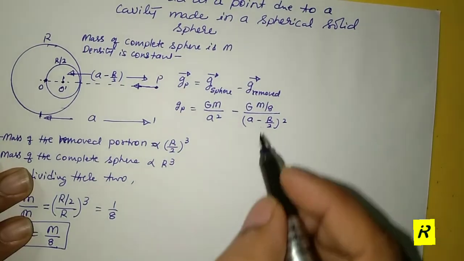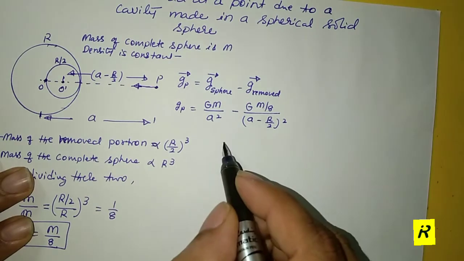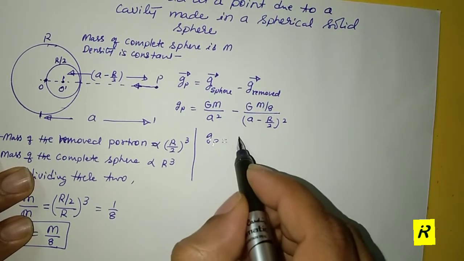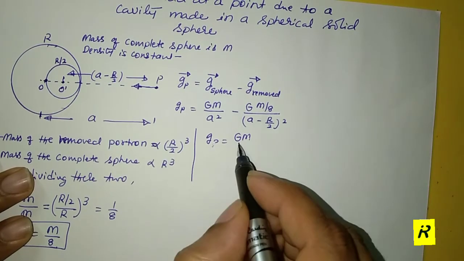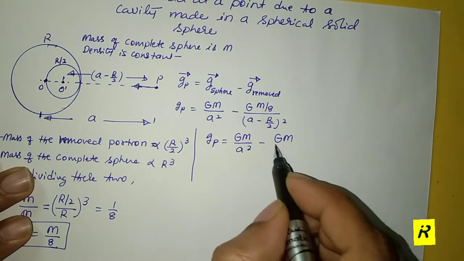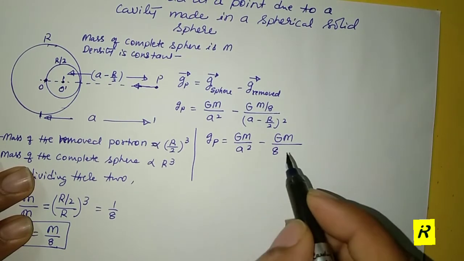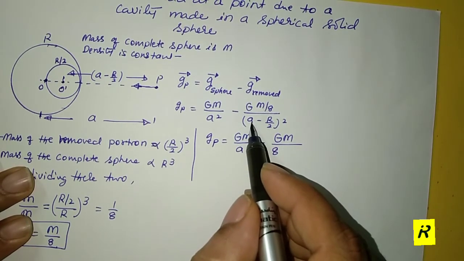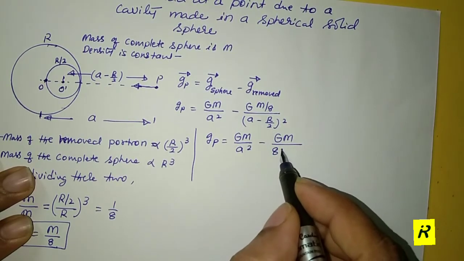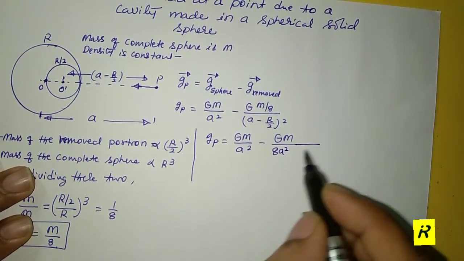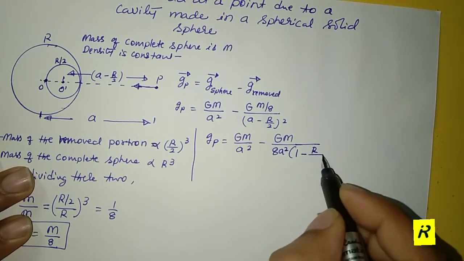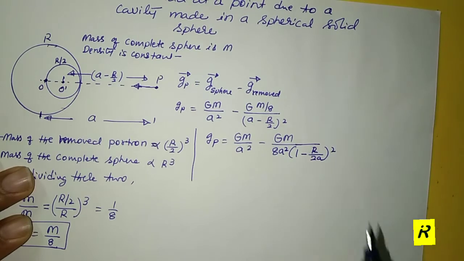So further what I can do is, I can take out some of the things outside. Before that I simply make a small revision here, that is GM divided by a square minus G into M divided by 8, and also I am taking a square as the common term inside, I mean a outside, when I take it, so it becomes a square, and inside the bracket the terms which are left is r divided by 2a, squared.